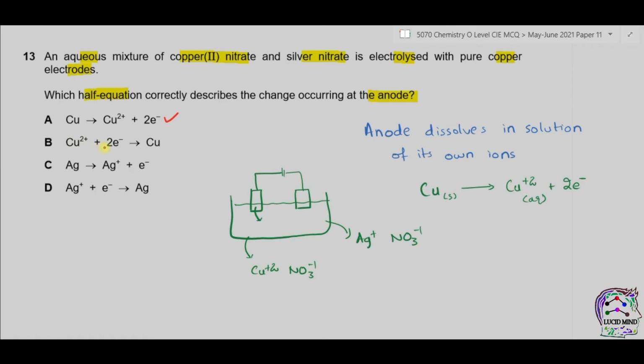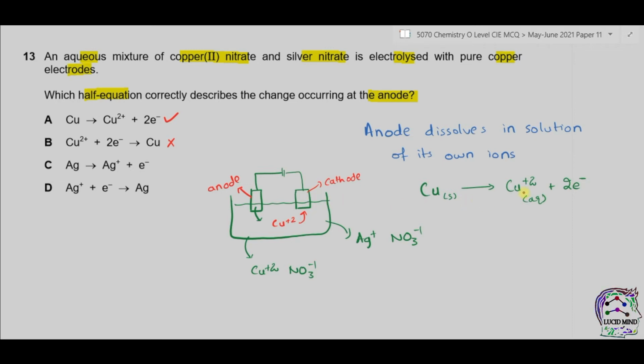In this equation, copper ions are being deposited on anode, which is not possible because copper ions can be deposited on cathode. Copper ions will move towards cathode. This is the cathode. This one is anode. So copper ions will gain electrons from cathode and then they are deposited on the surface of cathode.